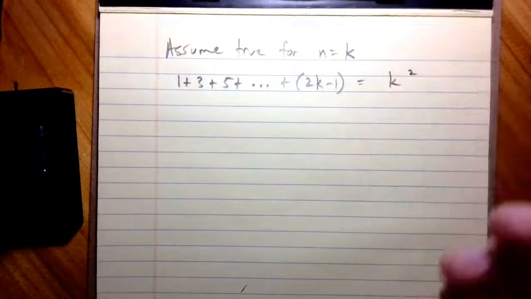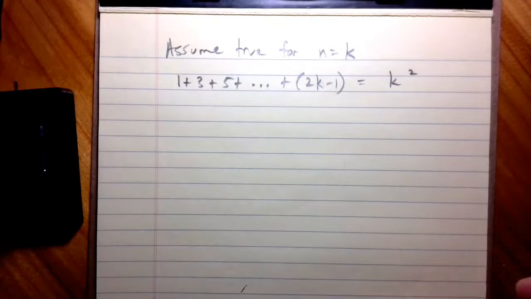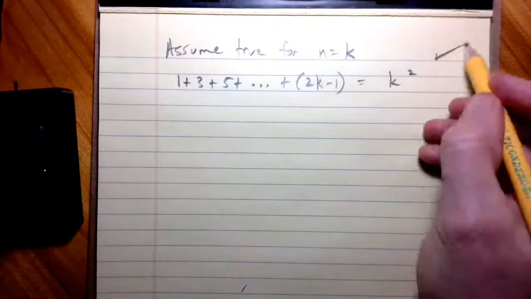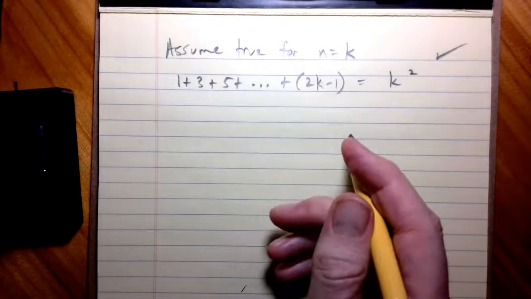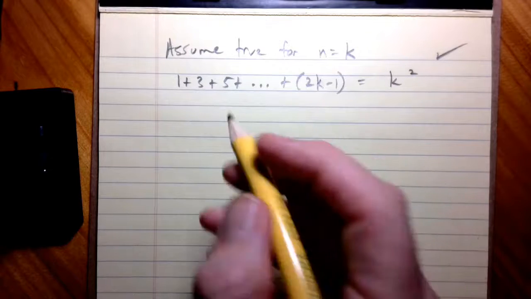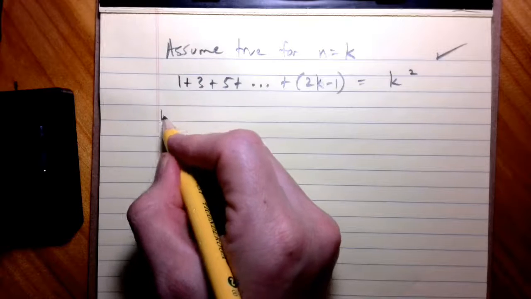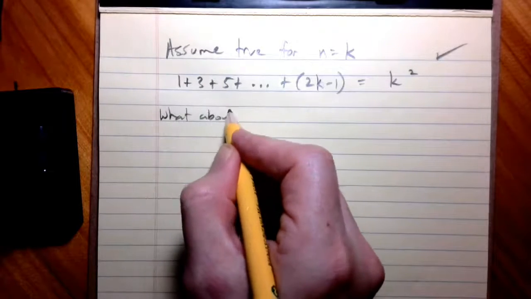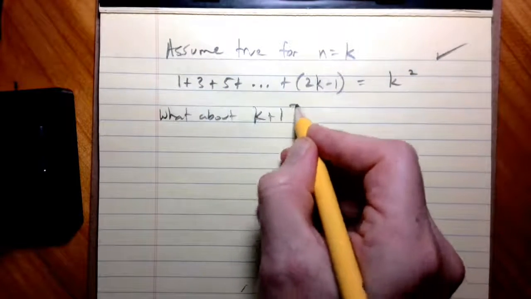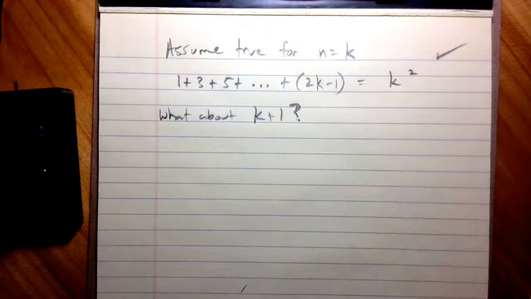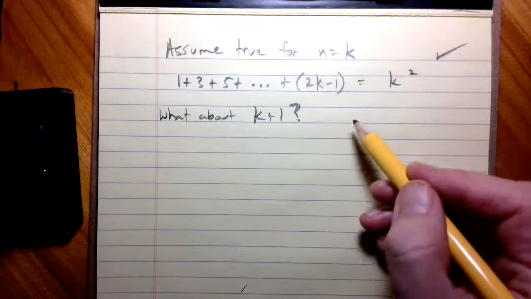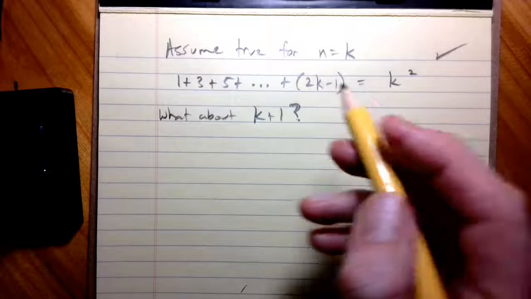And we're going to say, hey, that's going to be equal to k squared. Okay, there's our assumption. Now the last step is, what happens with k plus 1? Assuming that this part is true, what happens at the next step, the next iteration?